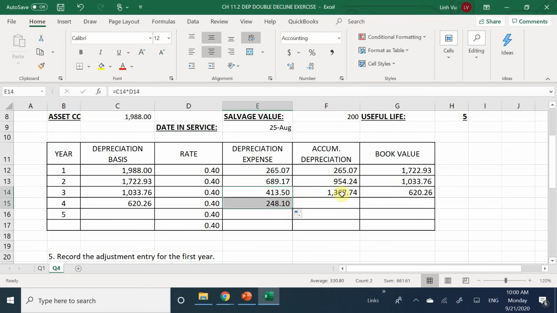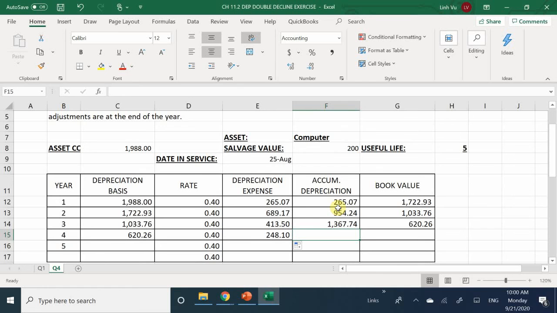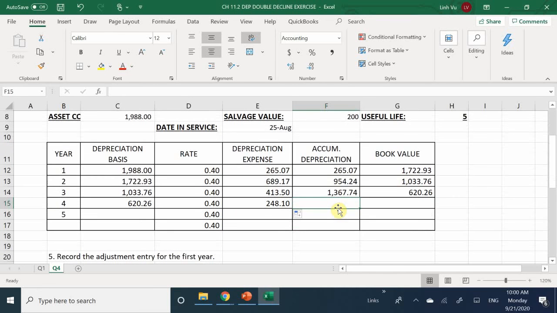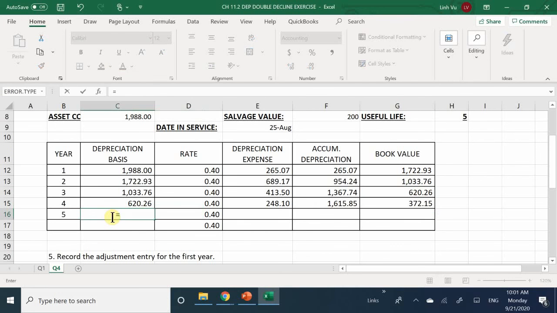Okay, and then lastly, what is my accumulated depreciation here? I came at 1615.85. 1615.85, and my book value is going to be 372.15. All right, so that's going to be for my 5th year.